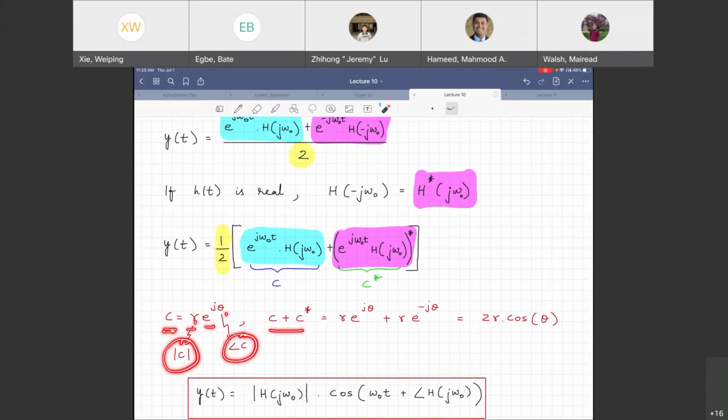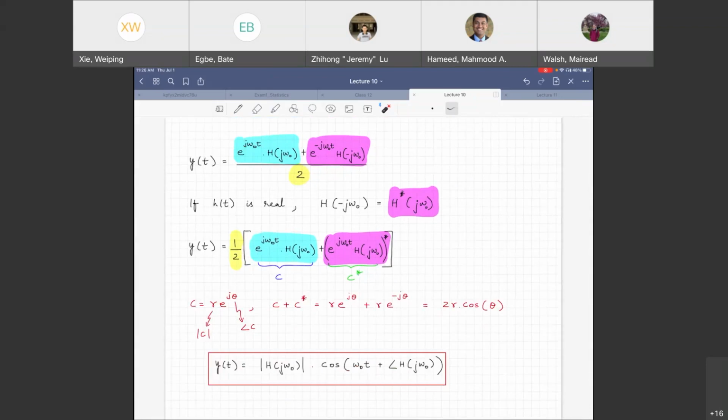If you want to do C plus C conjugate, then you are really doing R e to the j theta plus R e to the minus j theta, which simplifies to what? 2R cosine theta. Pull out the R, what do you have? E to the j theta plus e to the minus j theta. Using Euler's, you can write that as 2 cosine theta. So it would be 2R cosine theta.